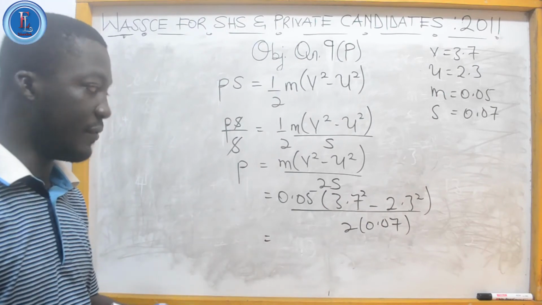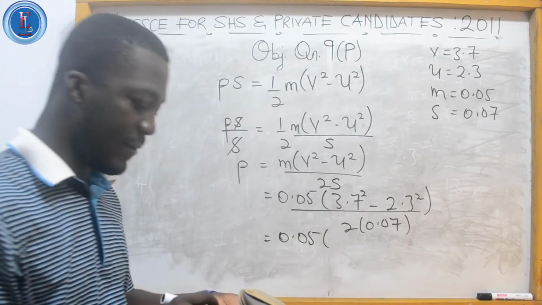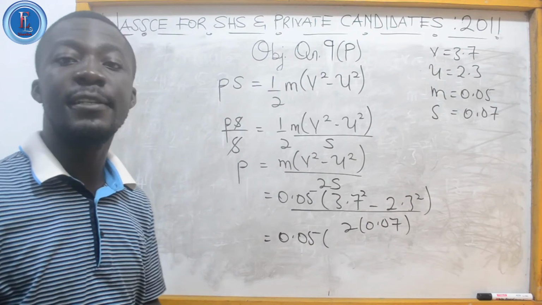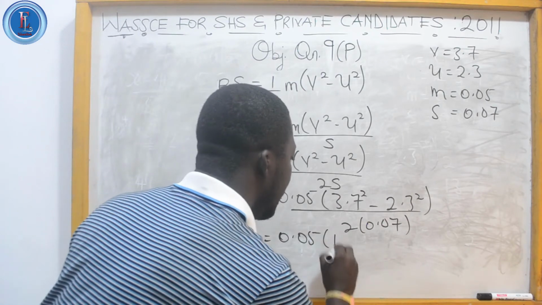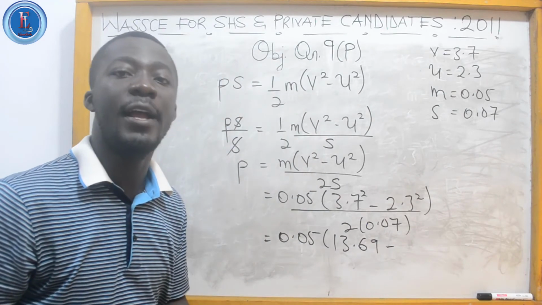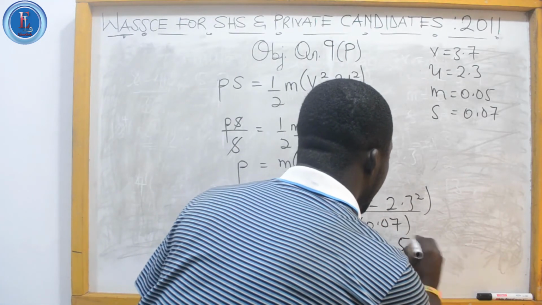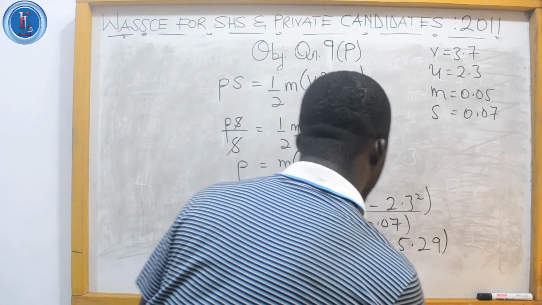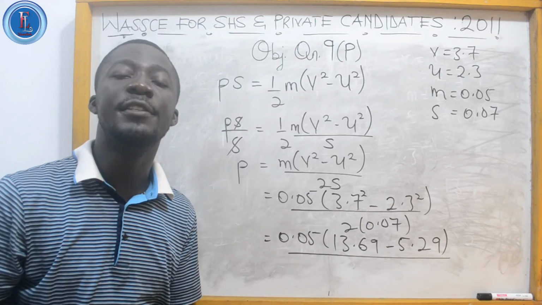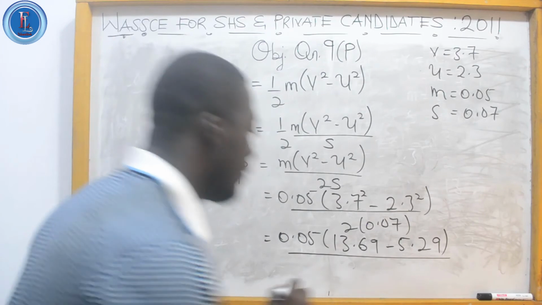We are going to do a simplification here. 0.05 into bracket 3.7 square is 13.69. So 13.69 minus 2.3 square is 5.29. Then 2 times 0.07 is equal to 0.14.